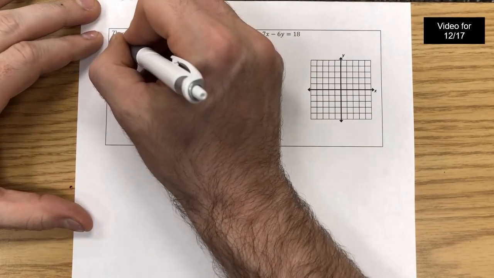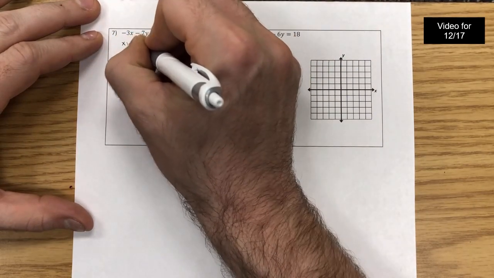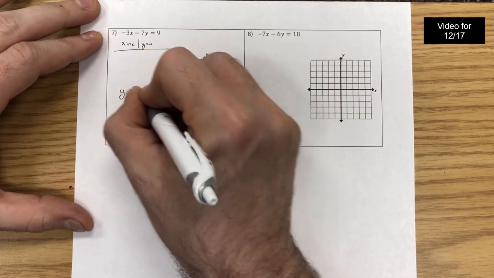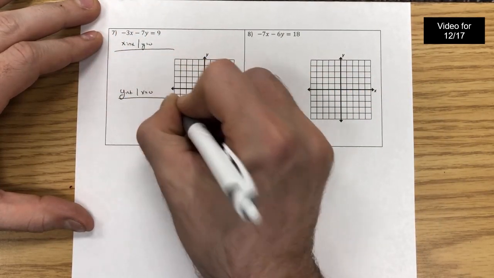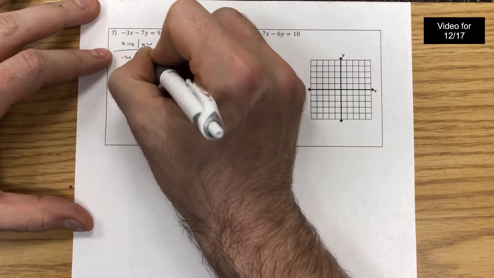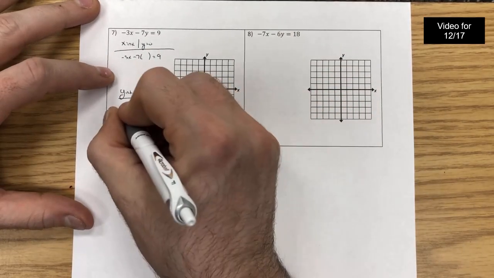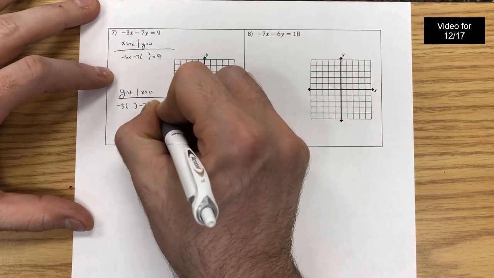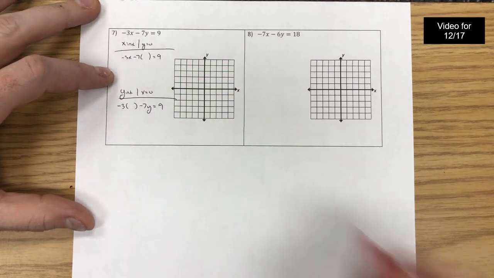Okay. So I now need to find my 2 intercepts, which means an x-intercept, which would be a y of 0, and a y-intercept, which would be an x of 0. So -3x minus 7 times my 0. This would be a -3 times my 0 minus 7y.